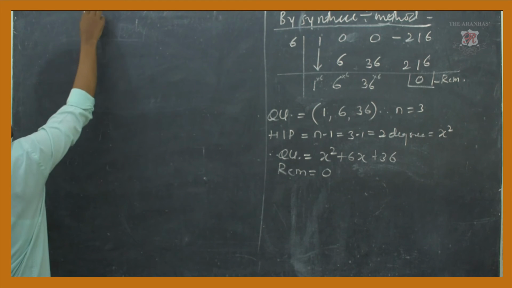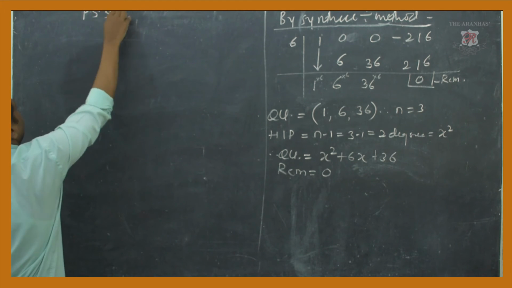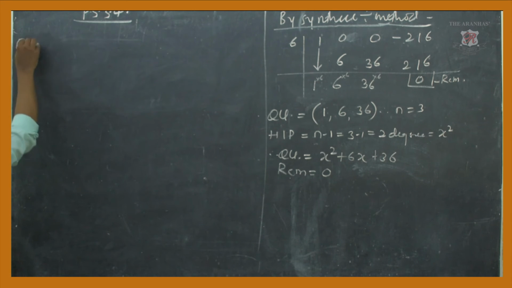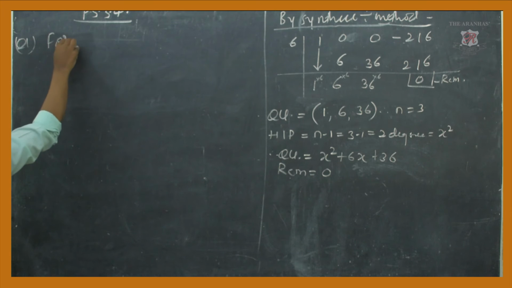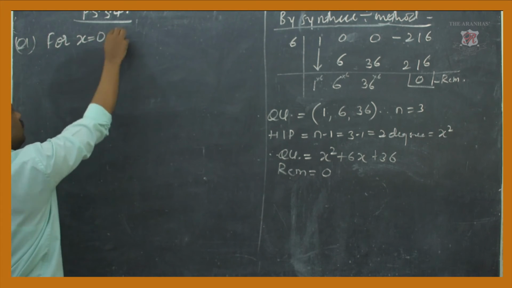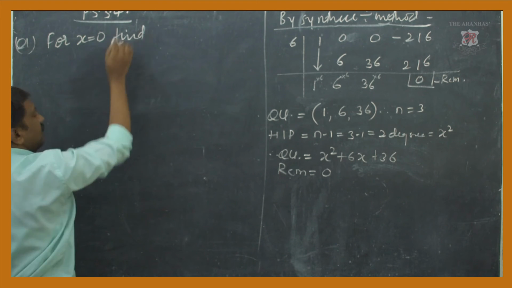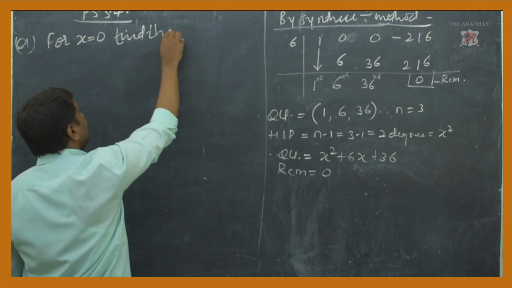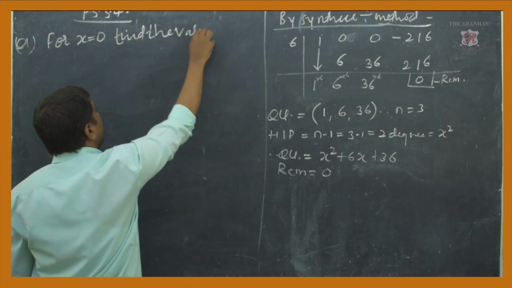This is practice set 3.4 and question number 1 is here. See question number 1, they said for x is equal to 0, find the value of the polynomial.